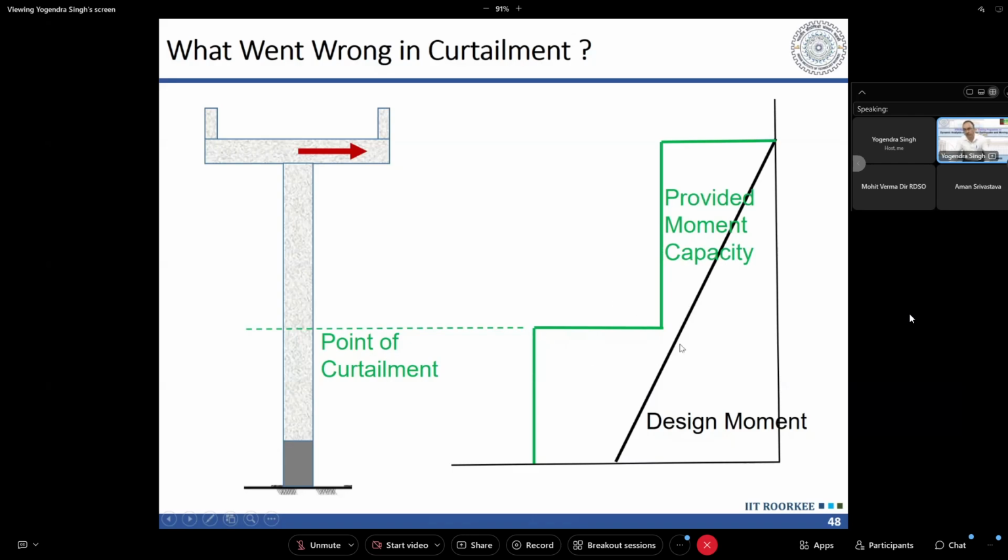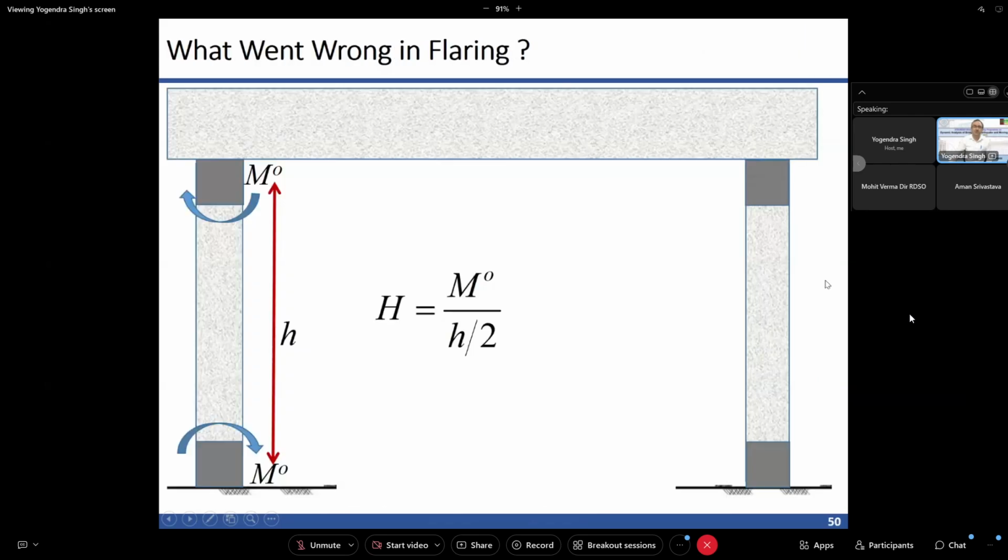Taking into account curtailment also, it is safe. But in the real bending moment diagram, which will occur during earthquake, we can see that it is unsafe here. And when it is unsafe here, it will collapse, and it will collapse in a brittle manner.